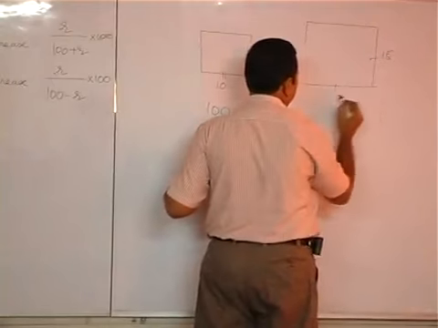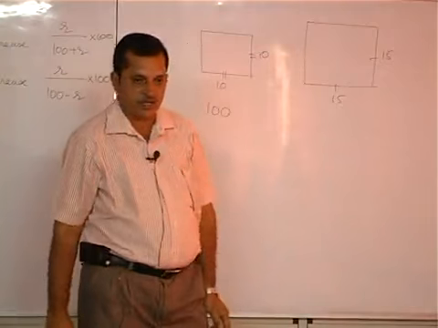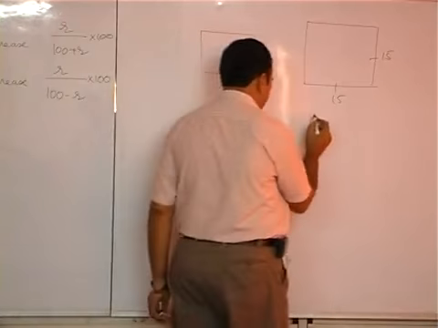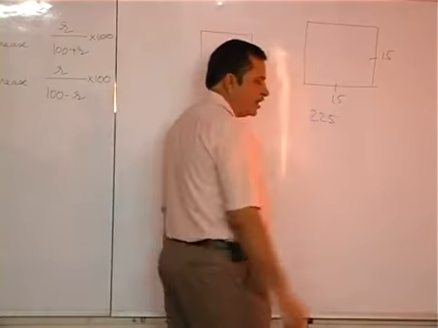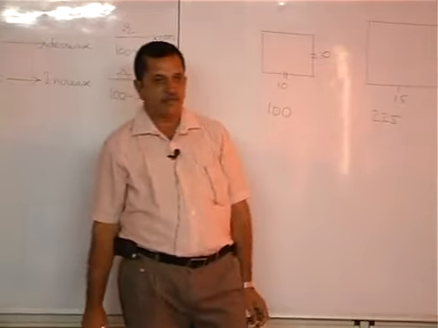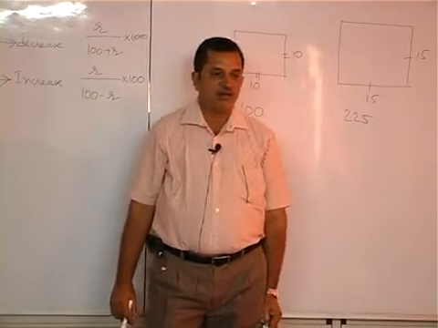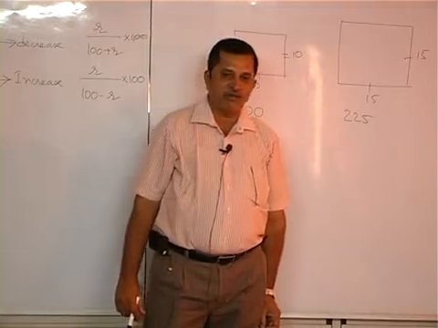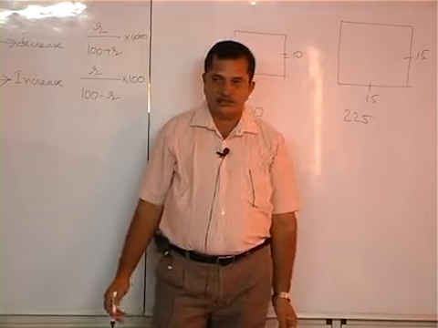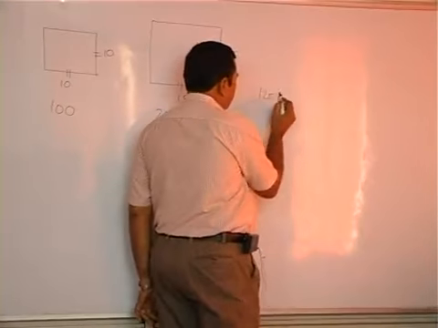What is each side? 15. What is the area? 225. 100 square units area has become 225, so for 100 what would be the increase? So the percentage increase in the area is 125%.